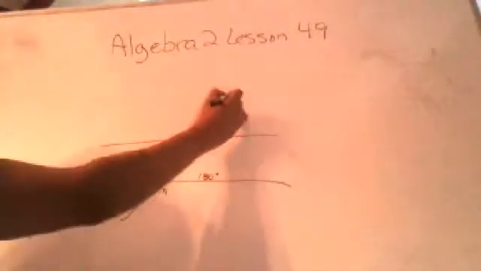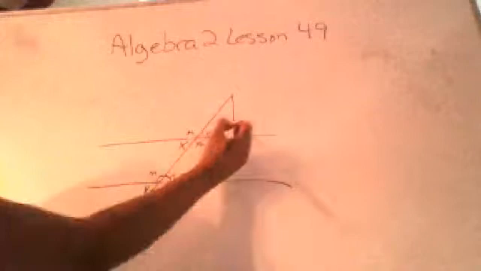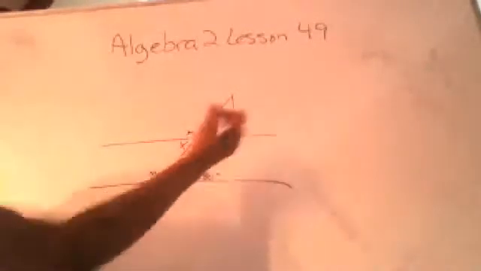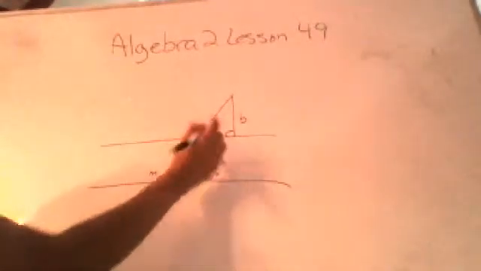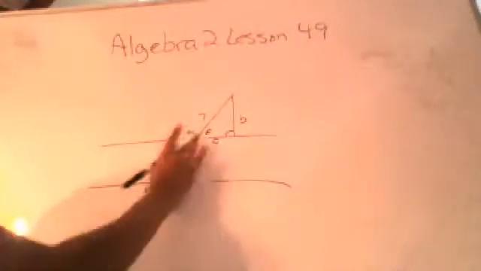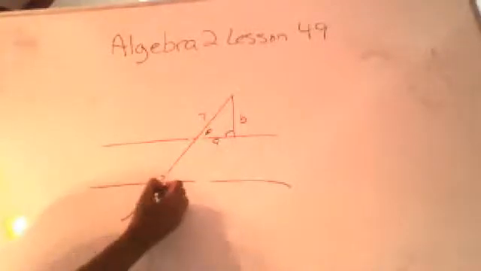We also learned, let's look at this. If we make a triangle, and they call this B, and this T, and they call this 7, and this A. And they say this is 153 degrees.